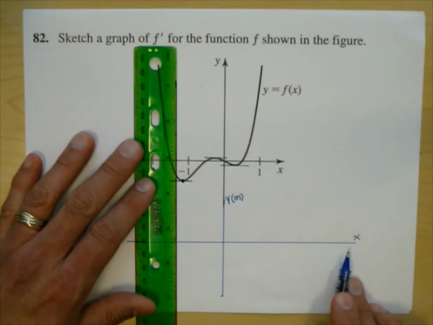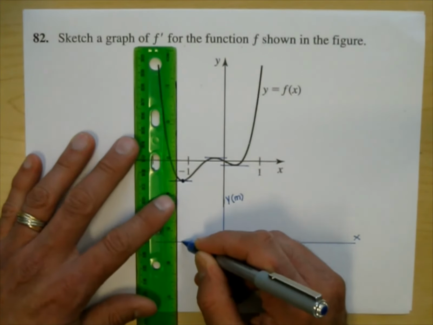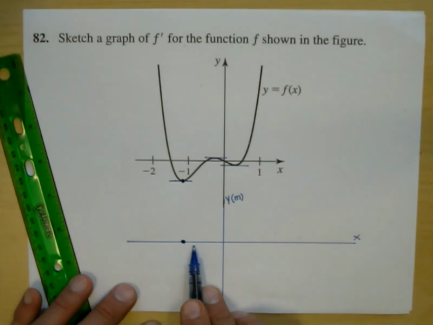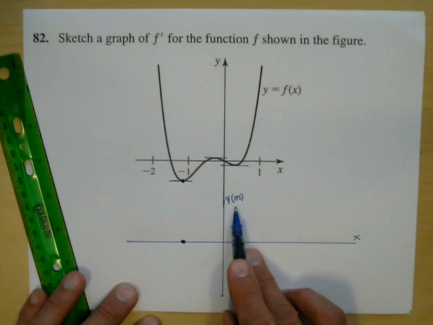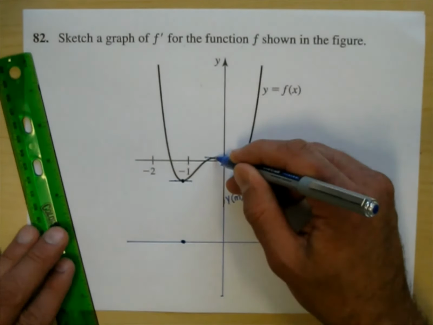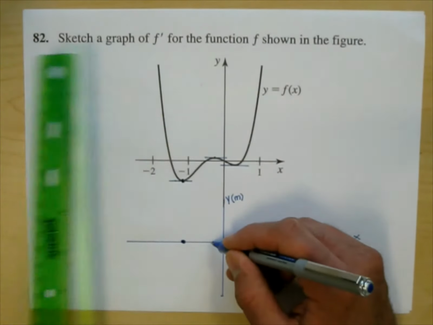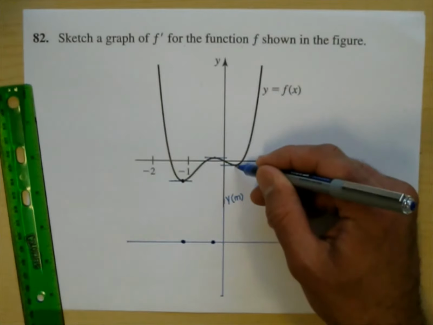At those points, we'll say they're the same points on the x-axis, there's going to be a point right here which tells you that the slope is 0. You know, y equals 0, that's the slope. And then the slope is 0 right here. So let me go ahead and try to be a little precise about this. And the slope is 0 right here.